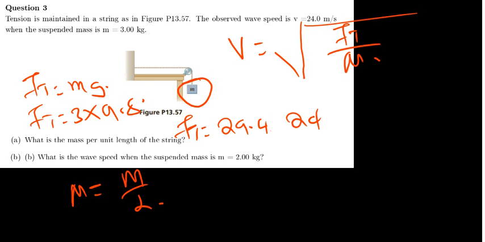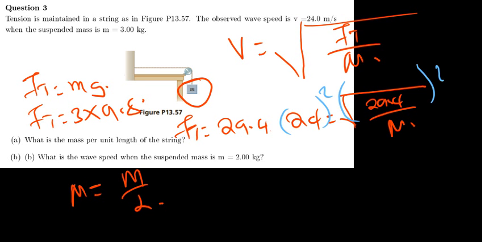Let's square both sides to get rid of the square root. Now 24 squared is, no, it's 576.